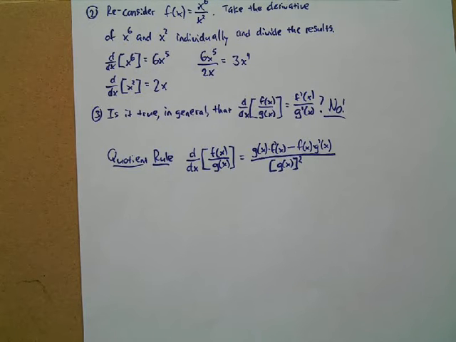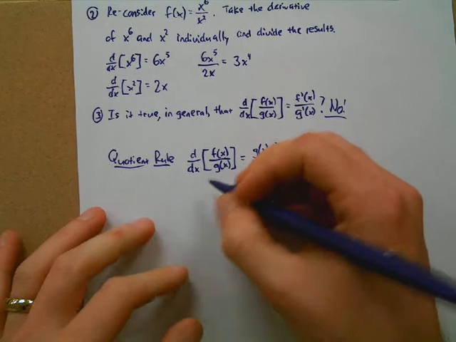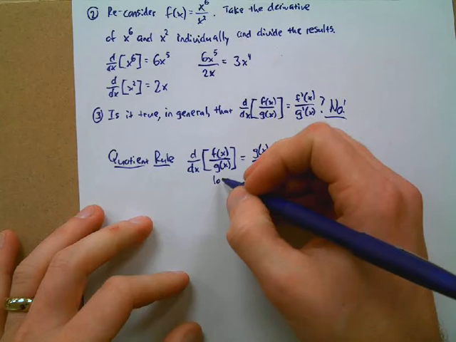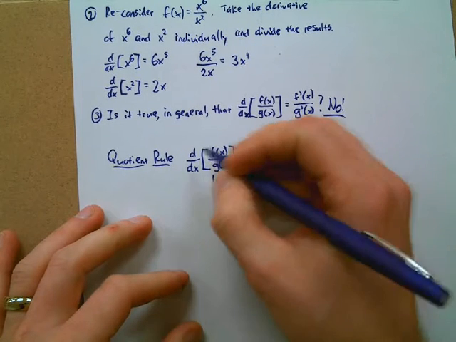Okay. In fact, there's a little rhyme you can use. I didn't use this rhyme when I was in calculus, but you can if you want. Okay. I'm going to just call this low, and yeah, all right, whatever. And we'll call this high.